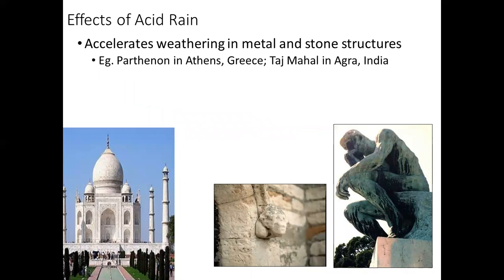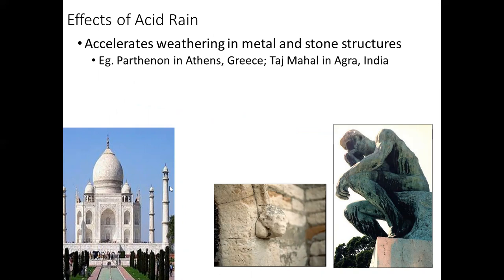Then acid deposition affects the archaeological monuments. It accelerates weathering in metal and stone structures. For example, the archaeological monuments in Athens, Greece, and the Taj Mahal in India.